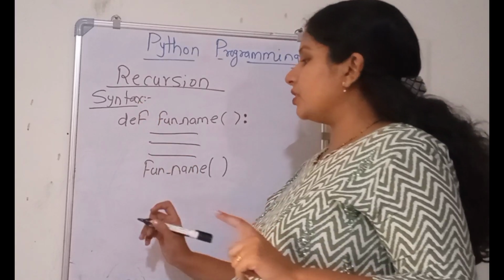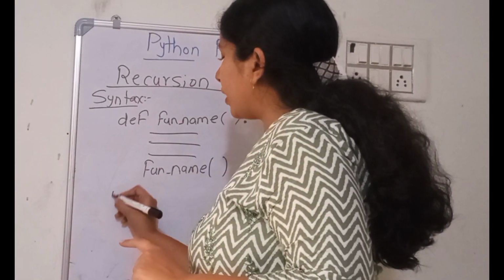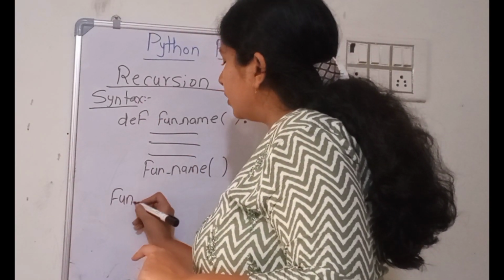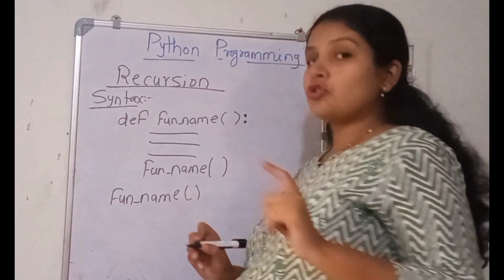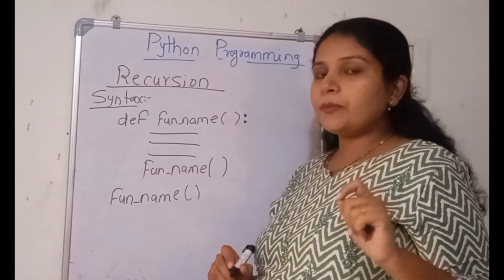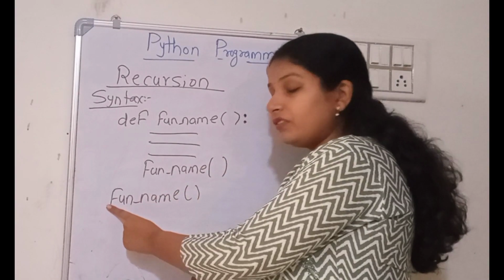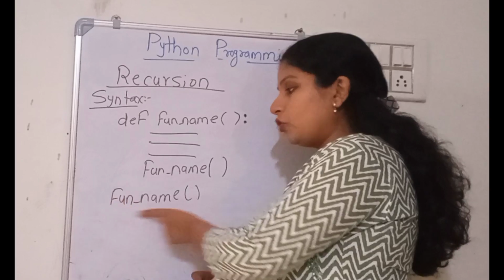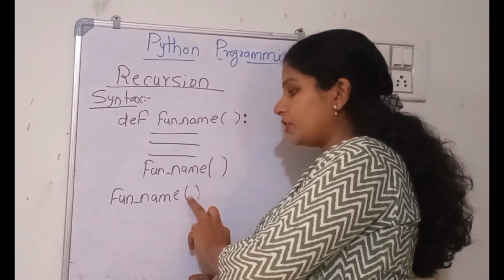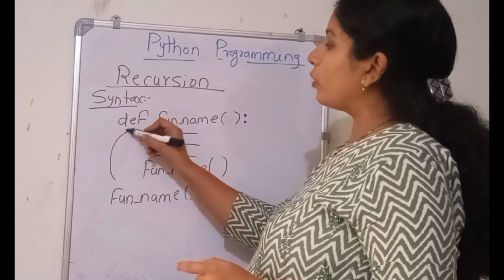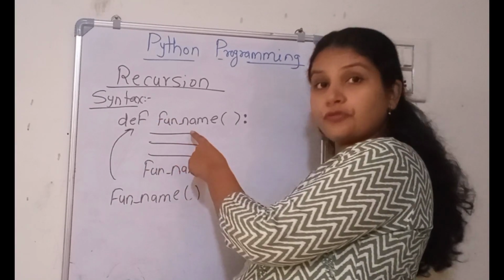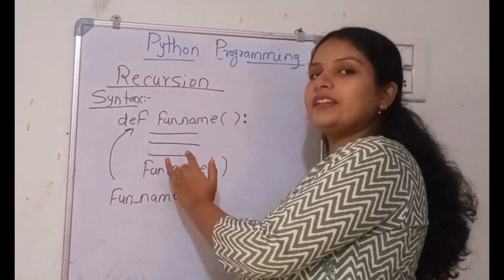So here your function is done, and in the main program just call the function for the very first time. While executing the program, first your pointer will reach here. It will call this function for the very first time. Then your pointer will go inside this function.